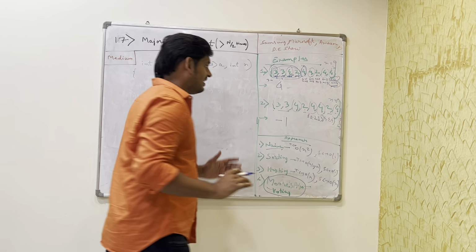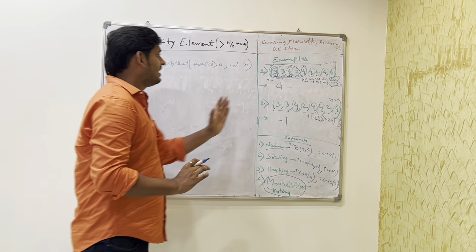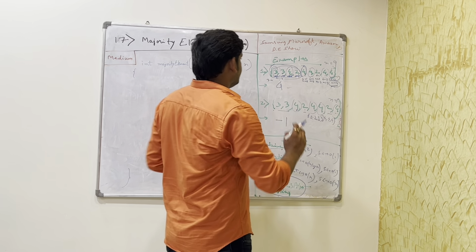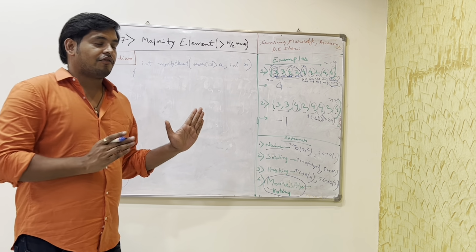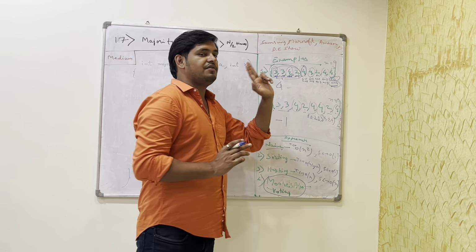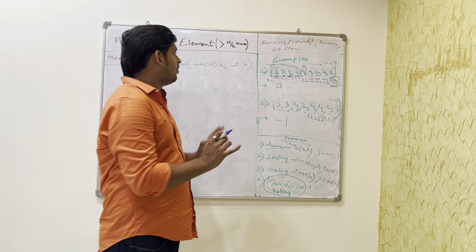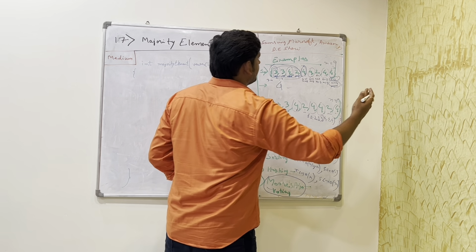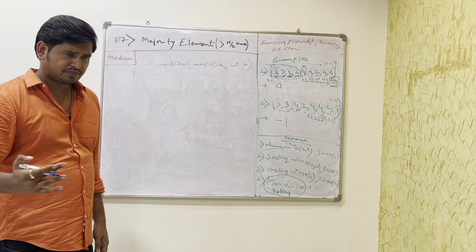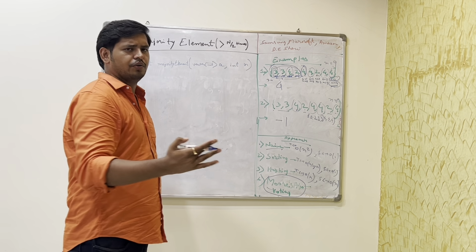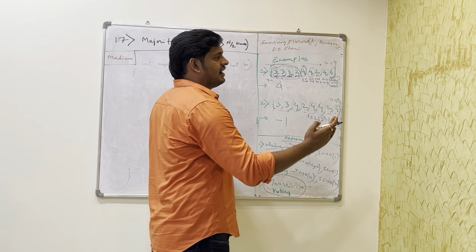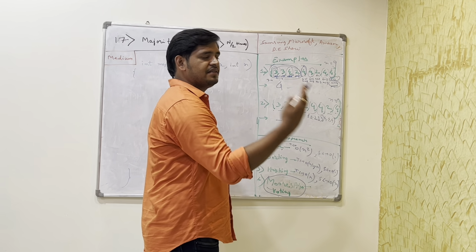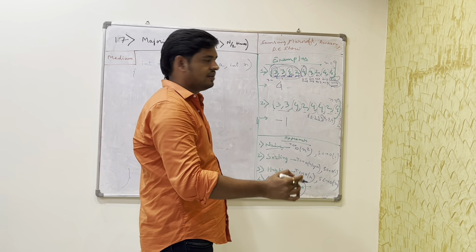Let me code this and let me dry run this. Then I think you have understood the intuition, right? Because at every point of time we need to have a majority element, so the count would always be greater than 0. If we don't get the majority element at that point of time, that means its count is decreasing, right?